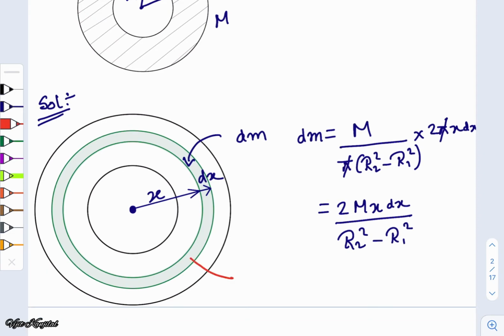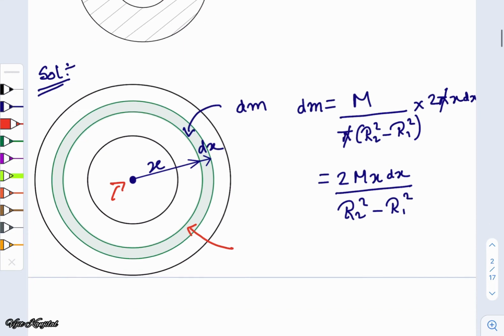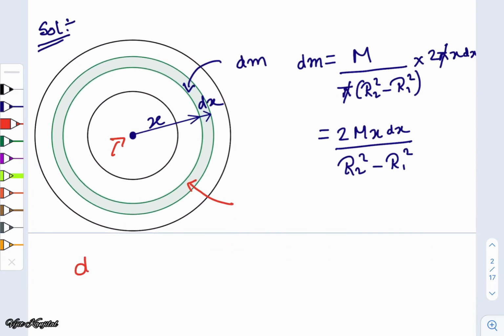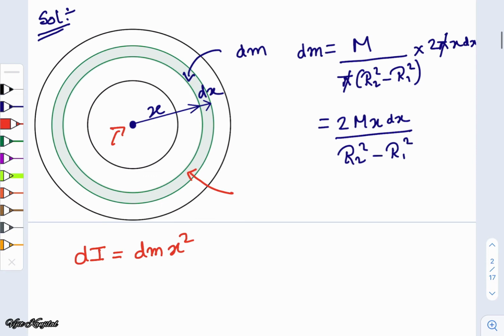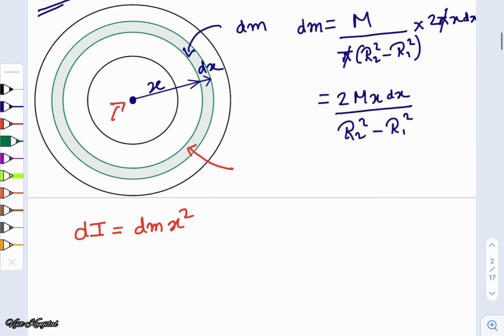So what is the moment of inertia of this elemental ring with respect to this axis? It is simply dI. So what is dI? dI is simply dm times x square, that is the product of the mass of the ring and the square of the radius of the ring. So let us plug in the values. Let us substitute dm from here.